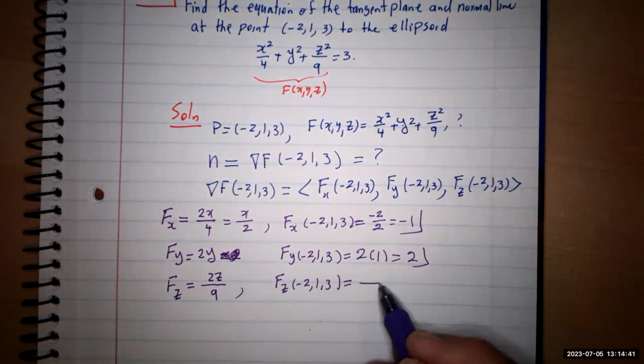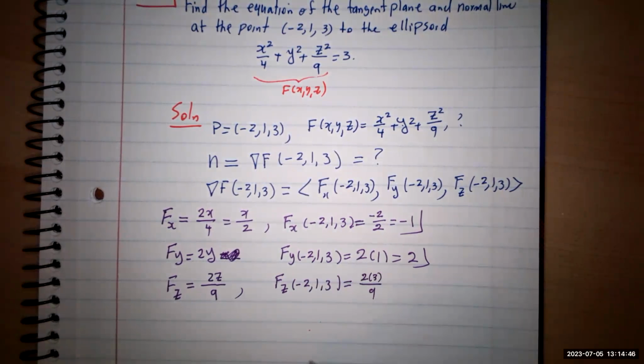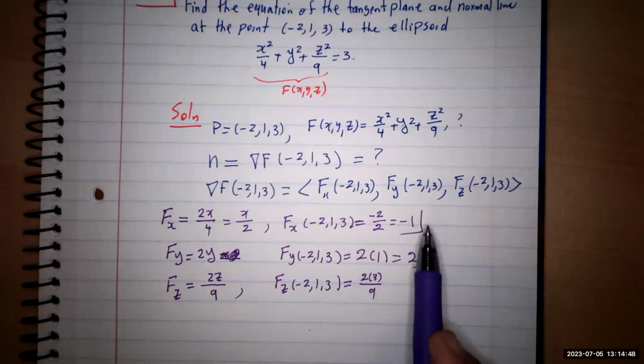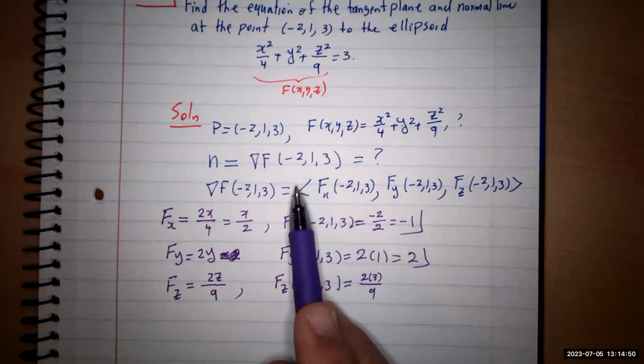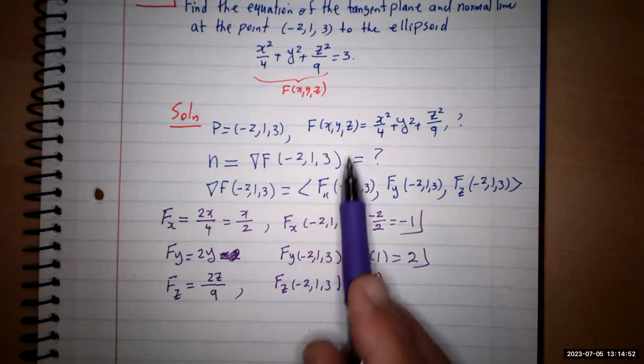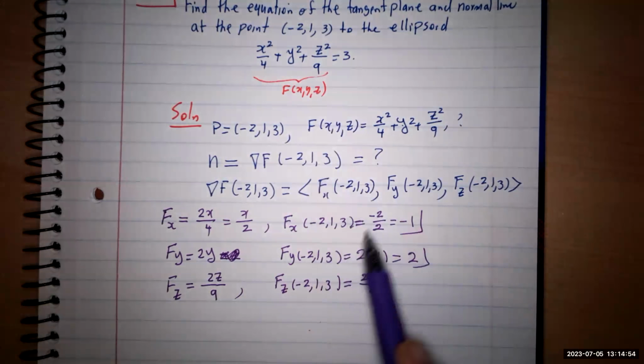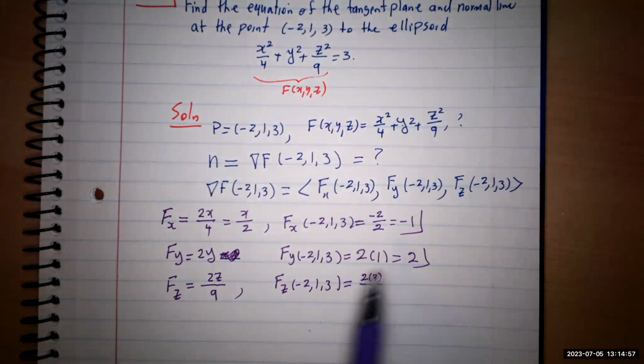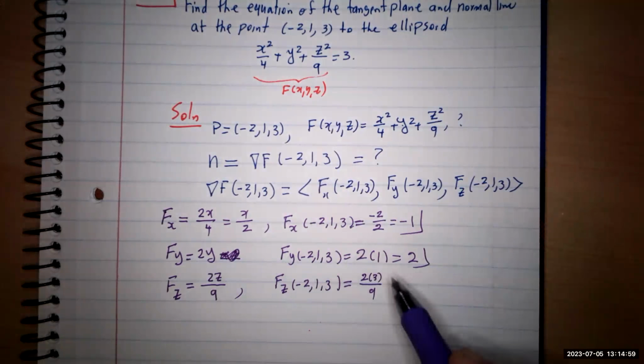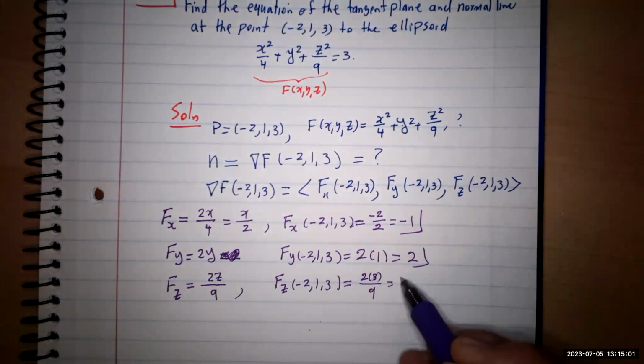So that gives you 2 times 3 over 9, which is going to be 2/3. Okay, we stay with the 3. Okay, everything here is correct. Yes. So we simplify it, that gives us 2/3.